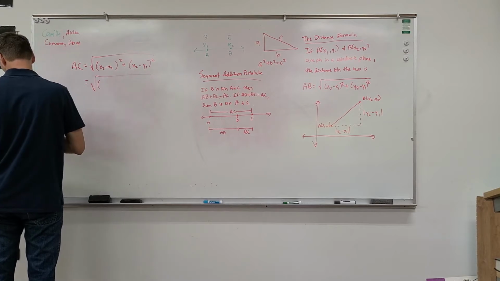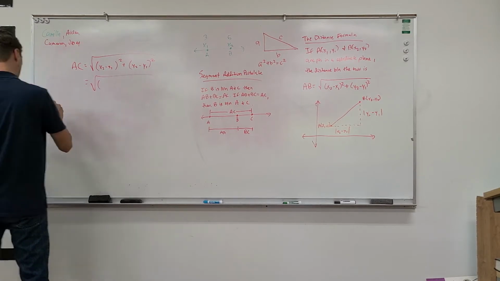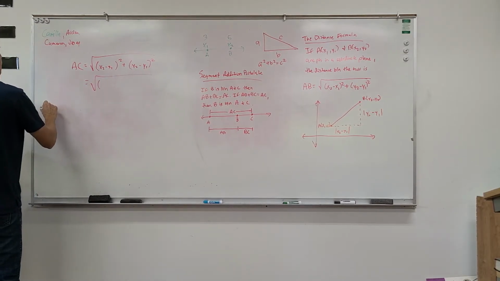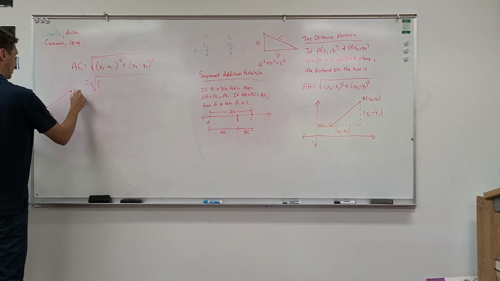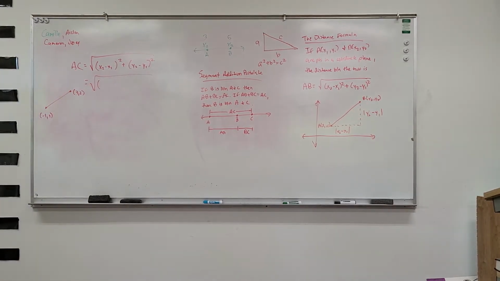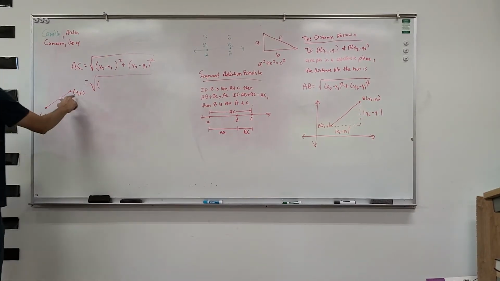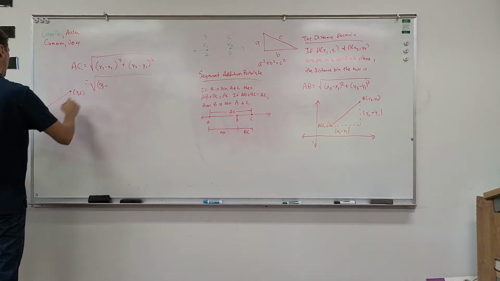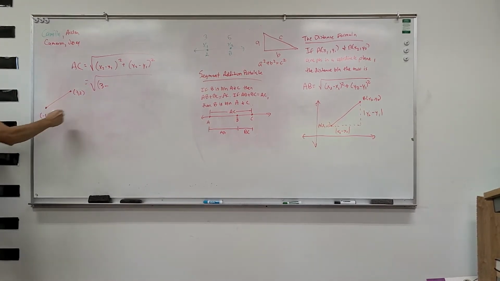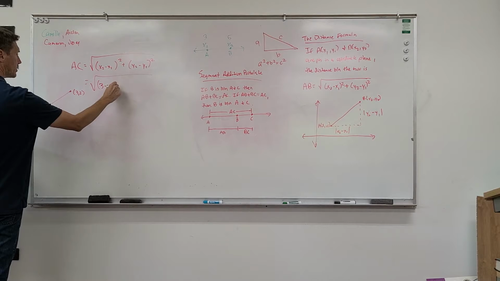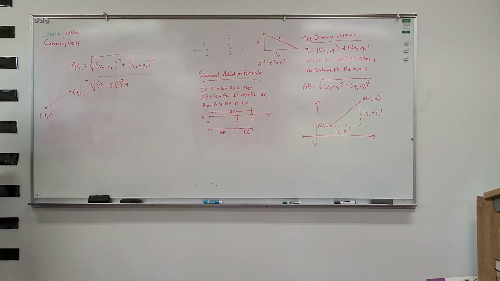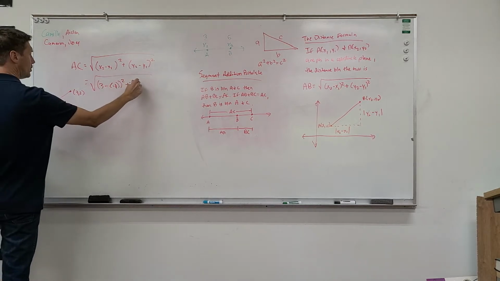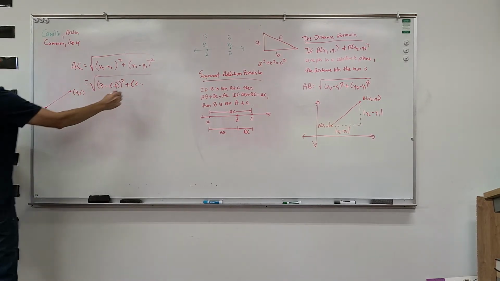So x2 is, you guys see the one we're doing, so we're doing this one here, which is -1, 1, and 3, 2. So x2 is 3 minus x1, which is -1. We're going to put that in parentheses so we don't forget about the negative sign, plus y2, which is 2, minus y1, which is 1.